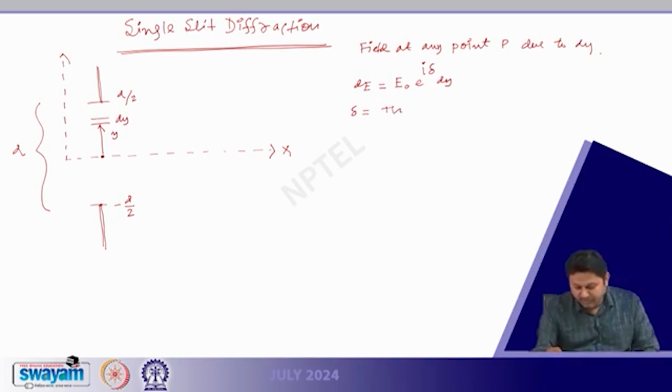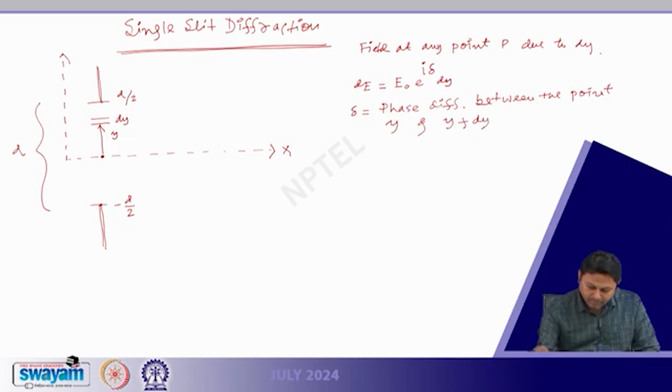So, simply I write the phase difference between the point y and y plus dy.